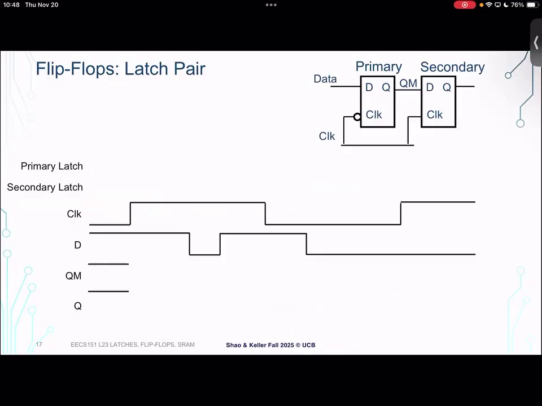So when the clock is high, the primary latch is going to be opaque, which means it's going to hold its current value.